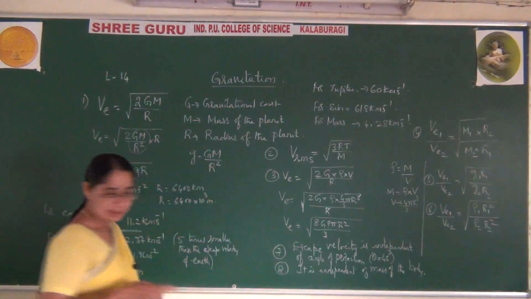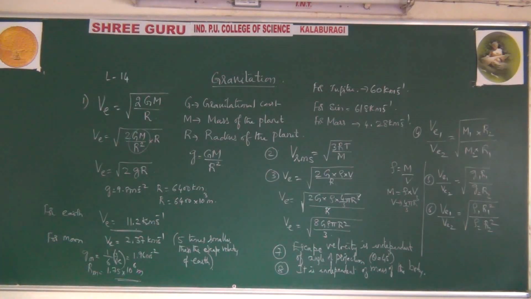Let me write here the next number: if v is less than ve, the body will reach a certain height, and it will neither enter into an orbit nor fall back to the surface. That is the condition you can remember.